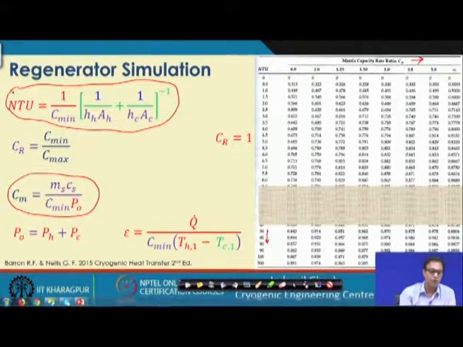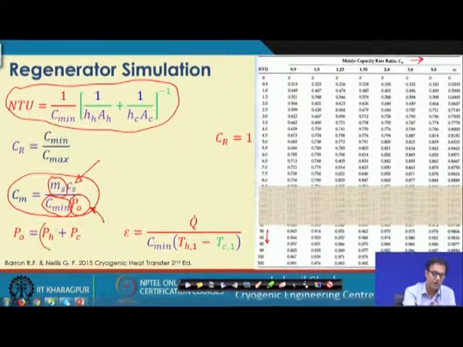Now, in order to get a high value of the CM, or the matrix capacity rate ratio, you can understand that we should have a large mass of the matrix. We should also have a large value of the Cs. Cmin is basically process dependent, we do not have much control on that, and P0 is again the time period, comprising the hot and cold fluid time periods. So, here this P0 should ideally be smaller.